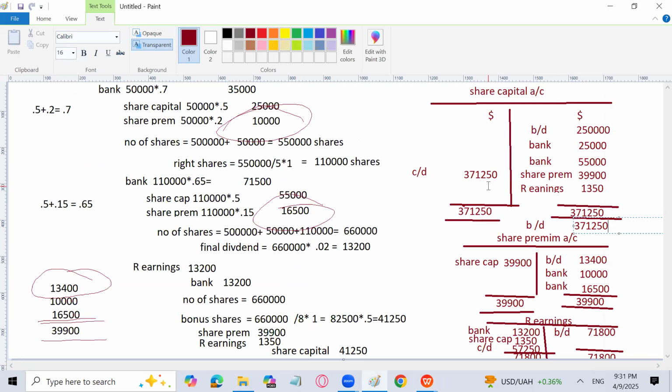We have time. I can solve the other question also, but I will not do that. Why, sir? Because I want you to prepare the T accounts in other questions also, which have come in the past. For example, if you just look at the question of February-March 2025 in AS accounting, you will find the question of T accounts. Same question like this.